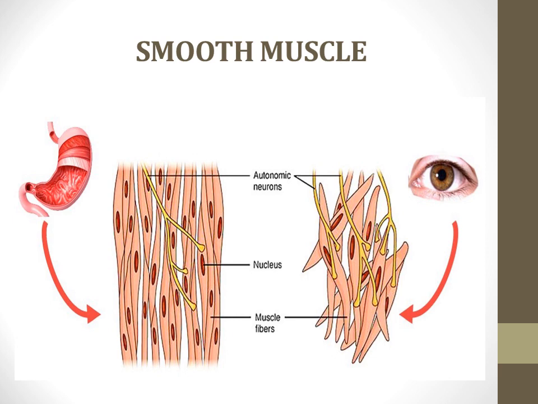The next one is the smooth muscles. Smooth muscle is present in the interior regions, right? Here they mentioned the stomach and the eyelid regions, which consist of smooth muscles, right? If you see smooth muscles, at both ends of the muscle, can you see these fibers?